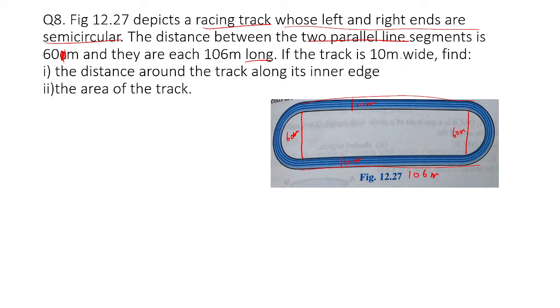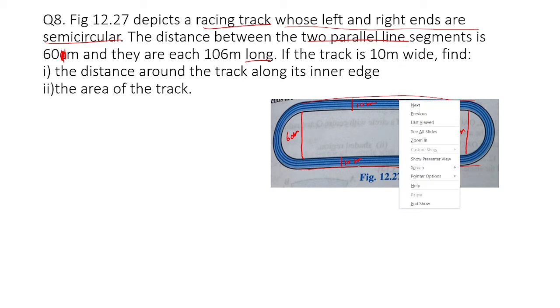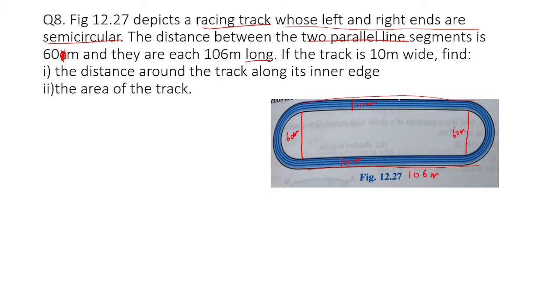Now, if the track is 10 meter wide, what is the distance from this track to this track? This is 10 meter plus 60 meter plus again 10 meter. So 10 plus 10 plus 60 gives you 80 meter. So the distance from this track to this track is going to be 80 meter.